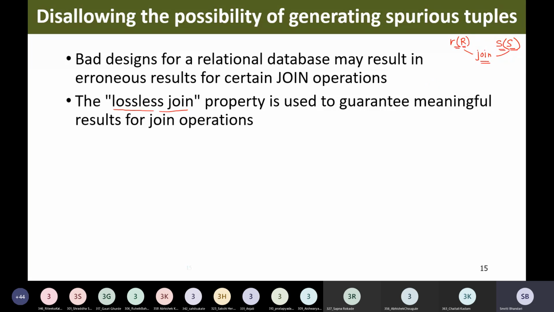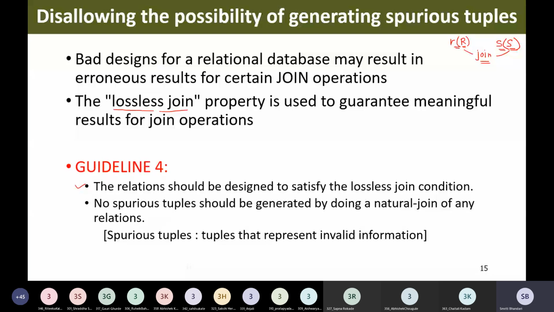So in this situation, we may say that the bad design of a relation will result in erroneous result for join operations. And lossless join property ensures that whatever join operation that we are using, it will produce only meaningful results. Based on these concepts, relations should be designed to satisfy the lossless join condition.